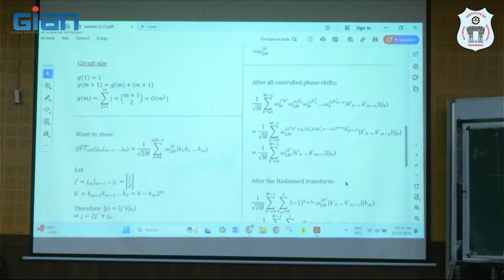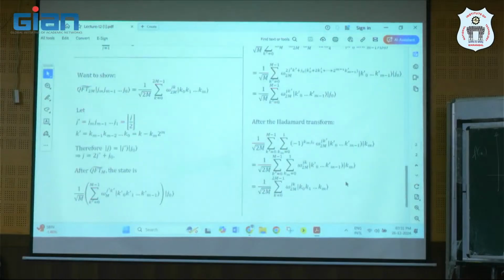Then next one is what? Omega m, second wire. Second wire is K1 prime. All the way up to this wire K prime m minus 1, omega 4. Correct? Yes or no? Then this one is as it is. Remember, omega m J prime K prime was already done before.